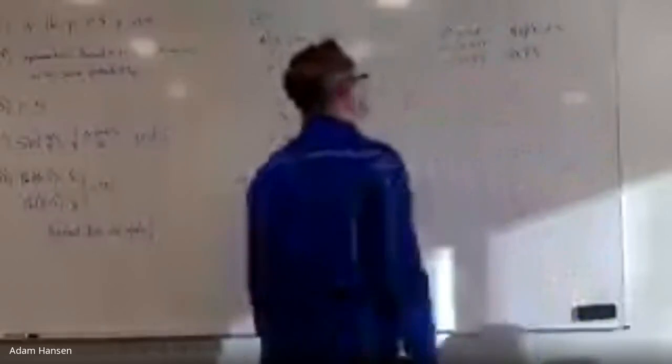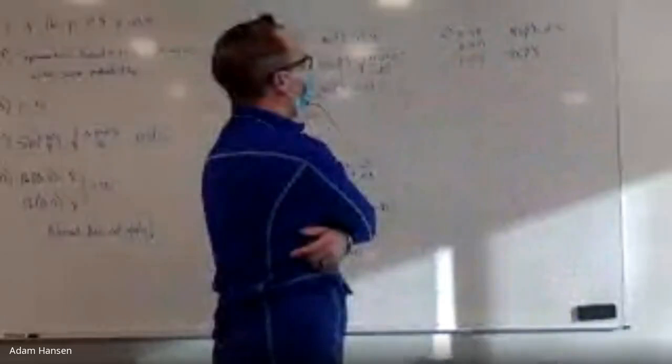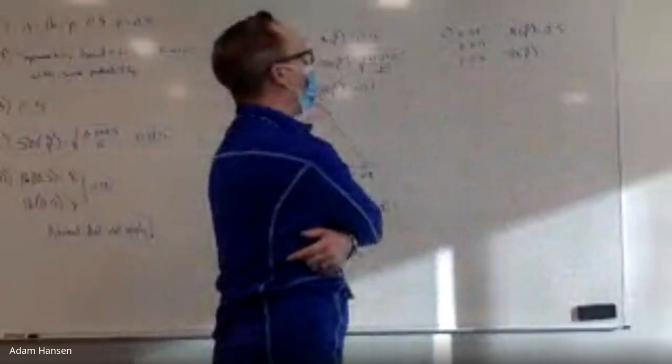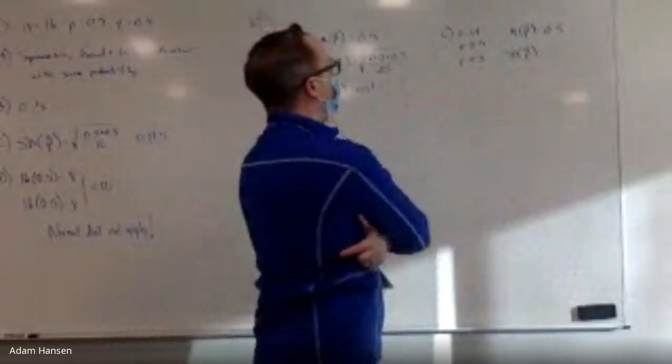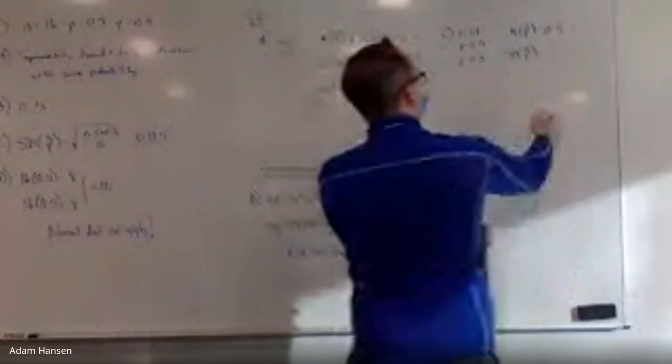The distribution should still be centered at 50%. I still expect a p hat of 50% because 50% of all coins come up heads. The standard deviation should be a little bit different.